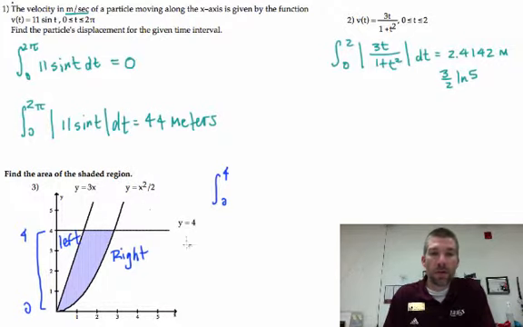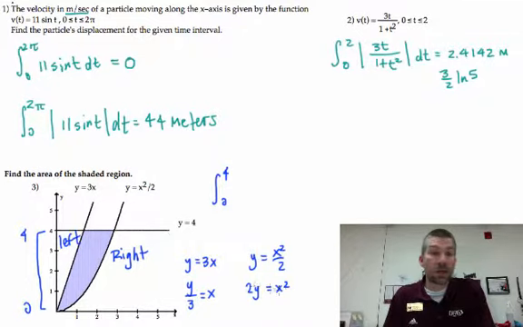Well, solve these out. If I have y equals 3x, I need it to say x equals. This one's easy. It's y divided by 3 equals x. On the other one, I've got y equals x squared over 2. So this is going to be 2y equals x squared. Then take the square root of both sides.